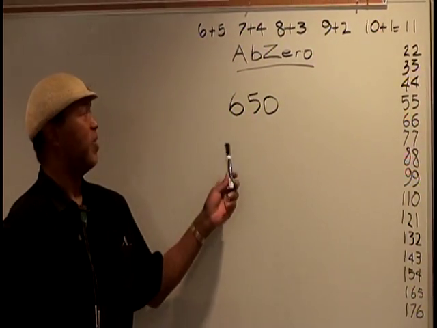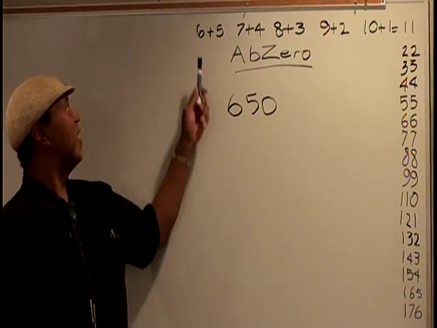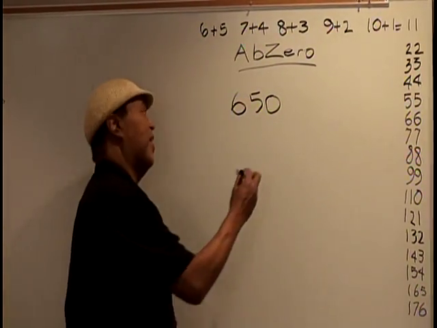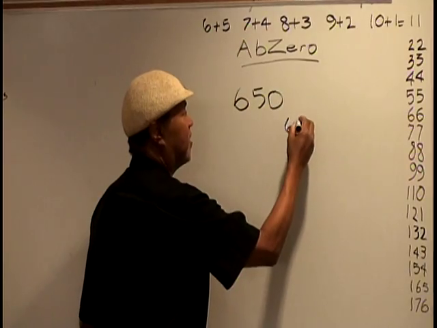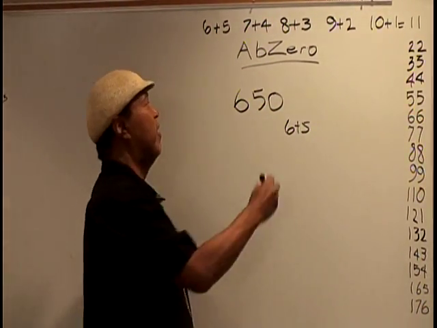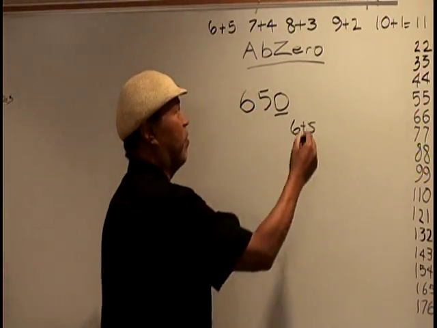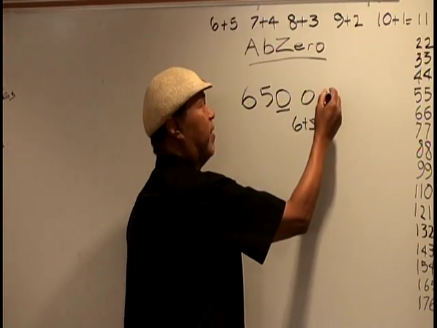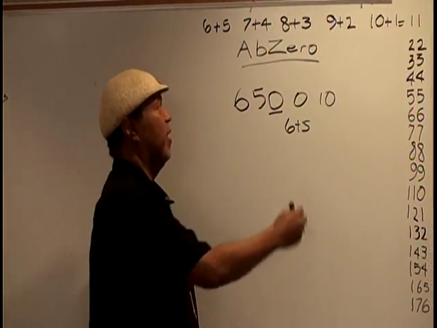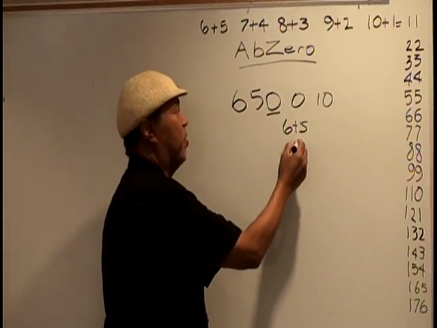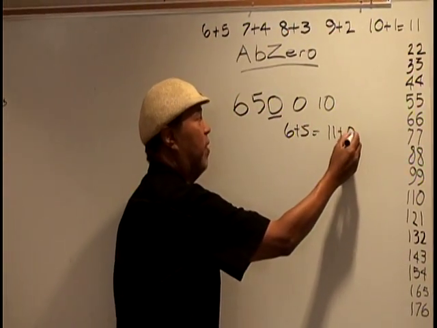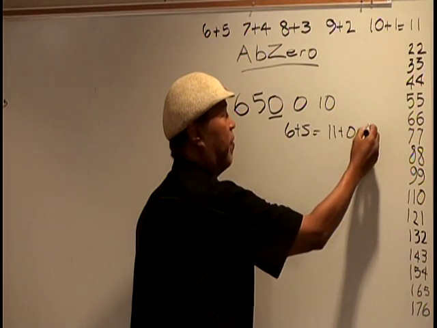To begin with the number 650, you can see that 6 plus 5 equals 11. So we can always say that 6 plus 5, you have to do something with the 0. 0 can be used as either 0 or 10, but not both. So you can add it to 11. 6 and 5 equals 11, plus 0 still equals 11.